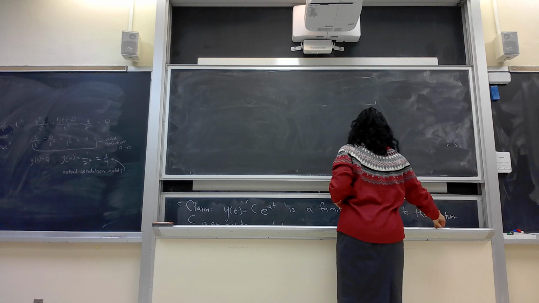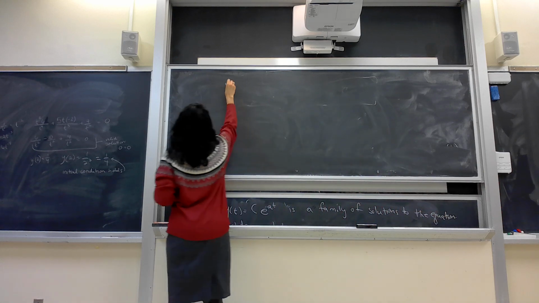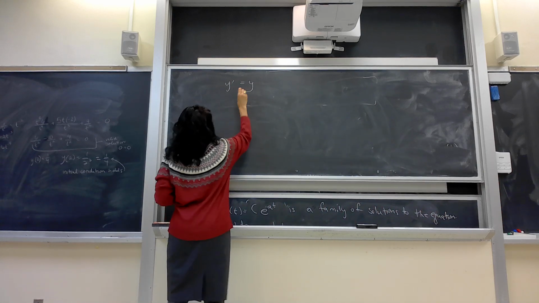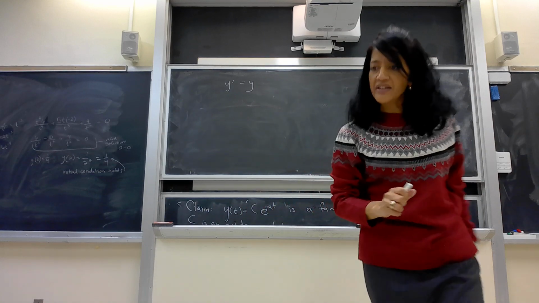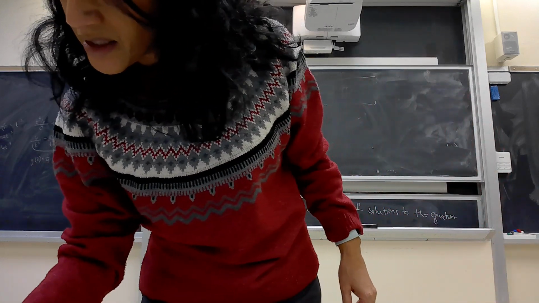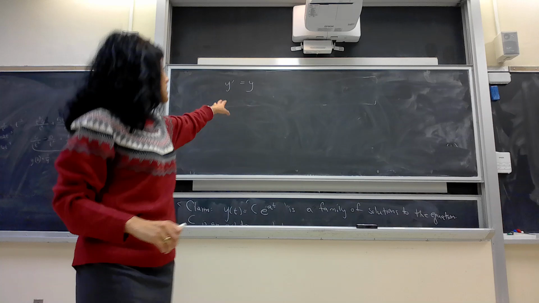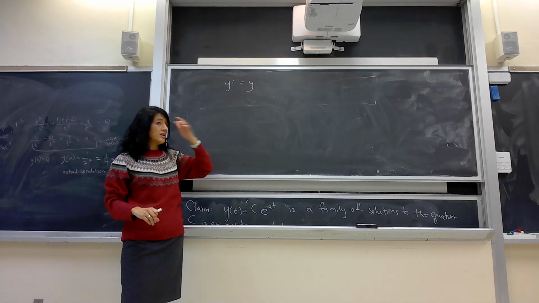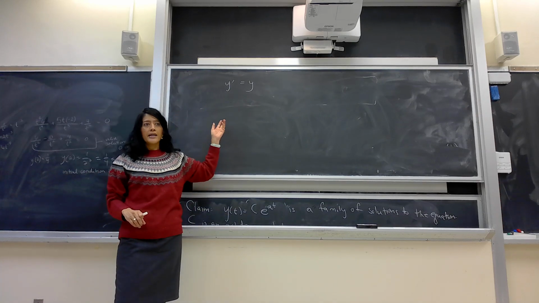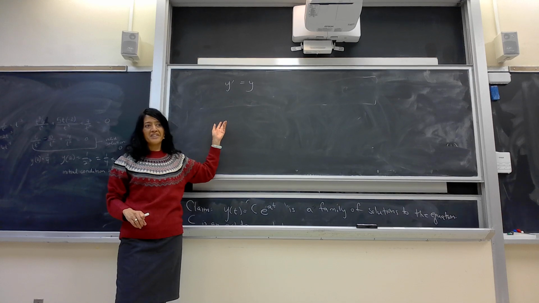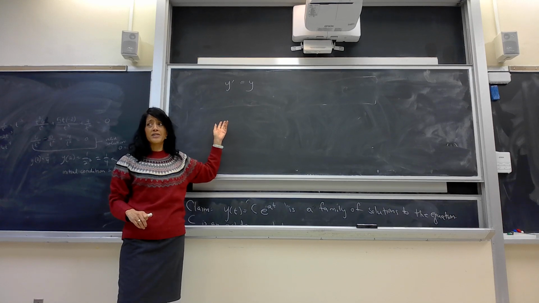Let's suppose I have something like y prime is equal to y. I can't remember what I put in here. Yeah, I put y prime is equal to y. Pretend I didn't know how to solve it. Most things you write down that are interesting, you don't know how to solve.